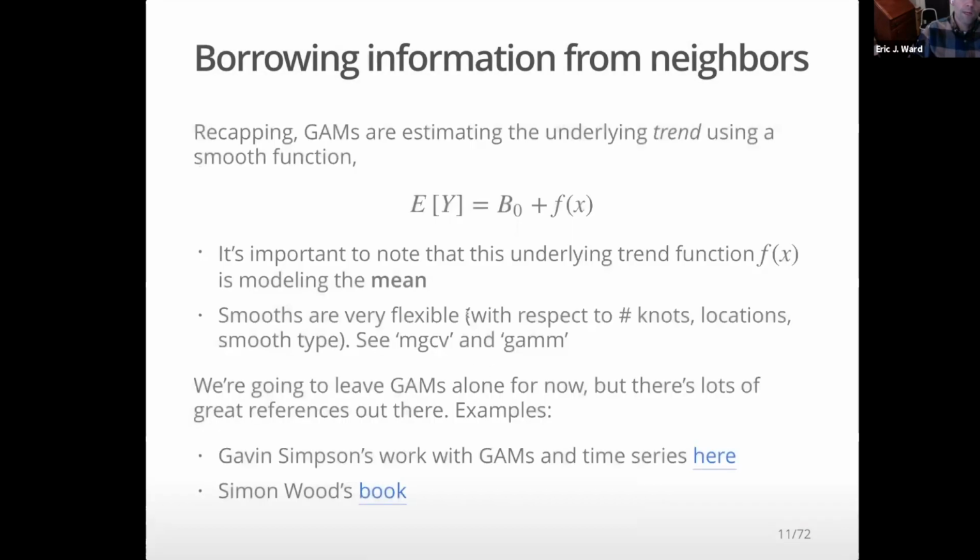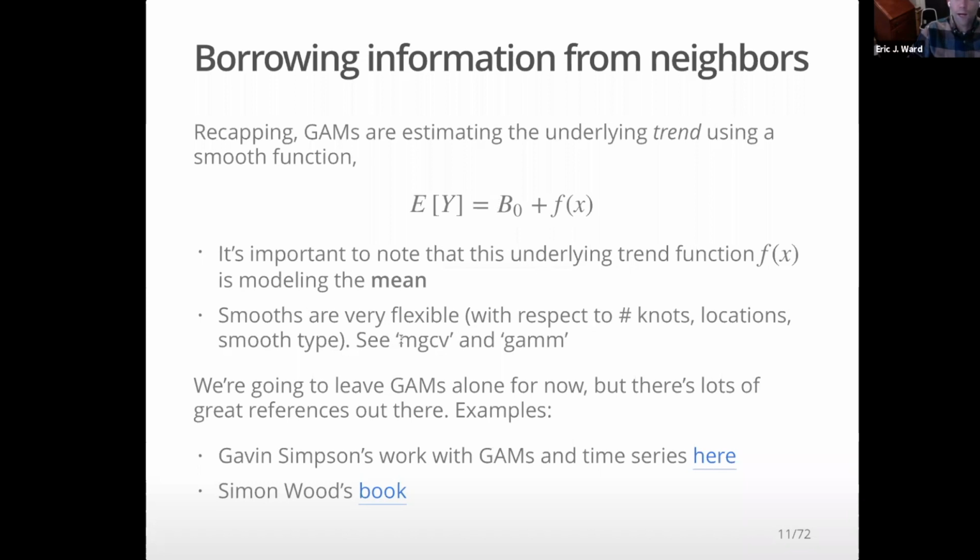To recap what the GAM is actually doing, it's really modeling a change in the mean, and this is going to be important when we differentiate it from the Gaussian process type model. This smooth function is just affecting the overall mean trend, and the smooths are very flexible.